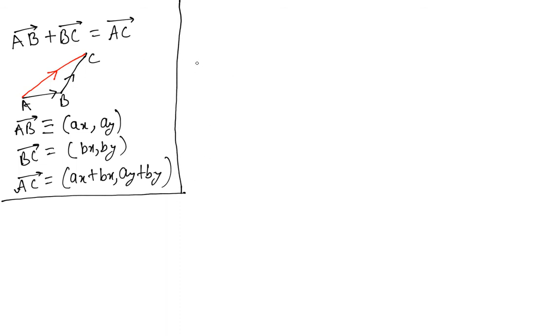Let's solve a problem. Let's say we have a river flowing, and this is flowing down with a velocity of 4 meters per second. There is a swimmer here who wants to cross this river such that he lands on the bank just opposite to him, right?